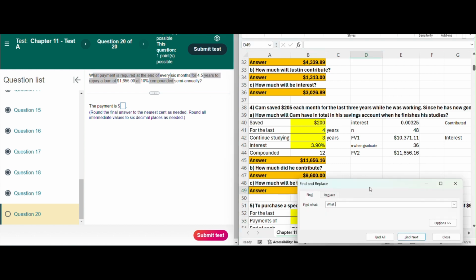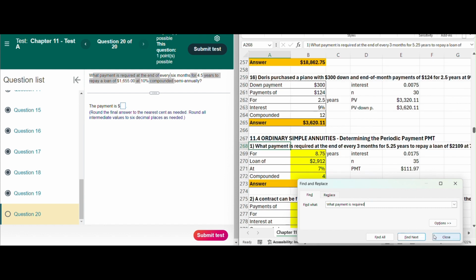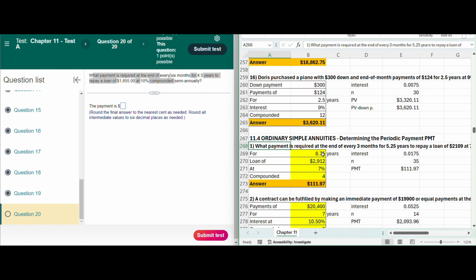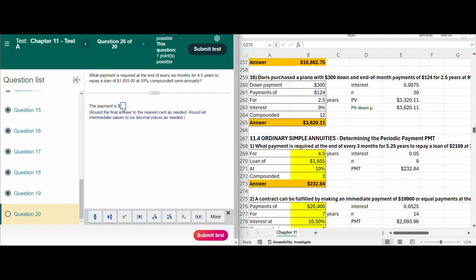So take into account the time that I spent here, and also what happened with one question in this test. And let's type the last values for this question, semi-annually, and there you have your required answer.